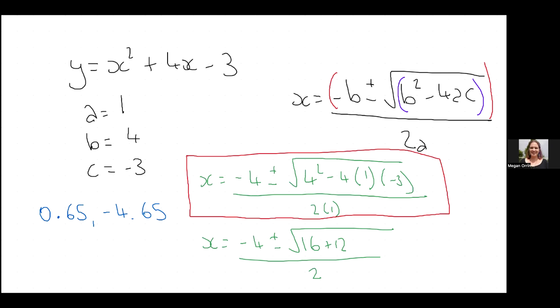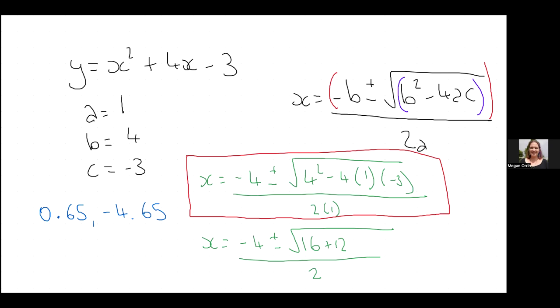Sometimes you will get nice round numbers, like actual whole number answers, and that's great. But sometimes you'll get decimals like this. Because, yeah, I'm going to show you that in a second. So when we're doing quadratic equations, does anyone know how to tell me what the solutions mean?